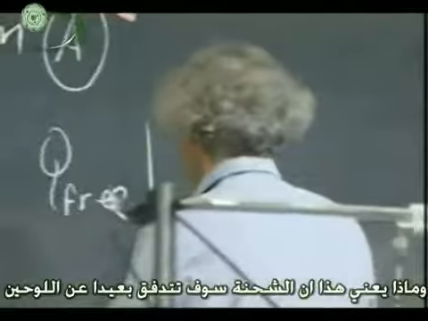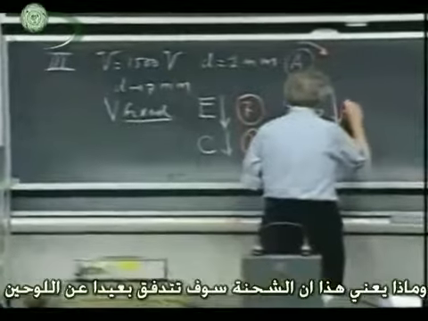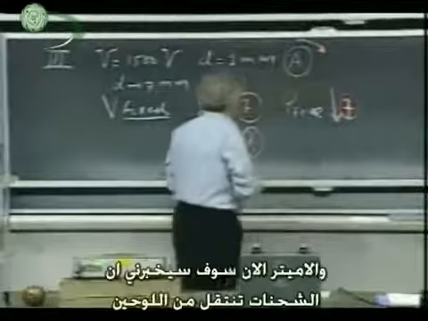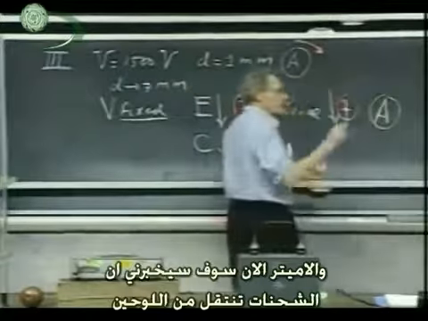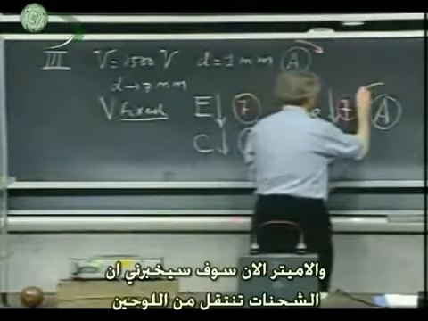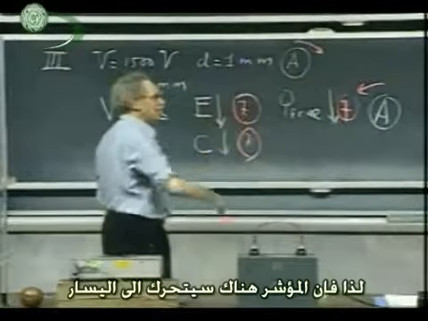And what does that mean? That means charge will flow away from the plates, and so my ammeter will tell me that charge is flowing from the plates, and so that hand there will go to the left.